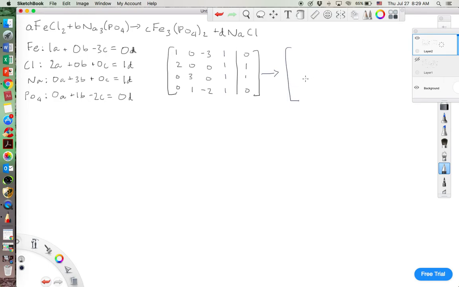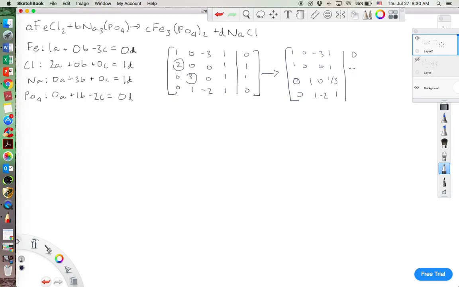And we'll start by dividing R2 by 2 and R3 by 3. So we're going to get our pivot positions. We're going to get ones right here, right here. We come up with 1, 0, -3, 1, 1, 0, 0, 1, 0, 1, 0, 1/3, and then 0, 1, -2, 1.